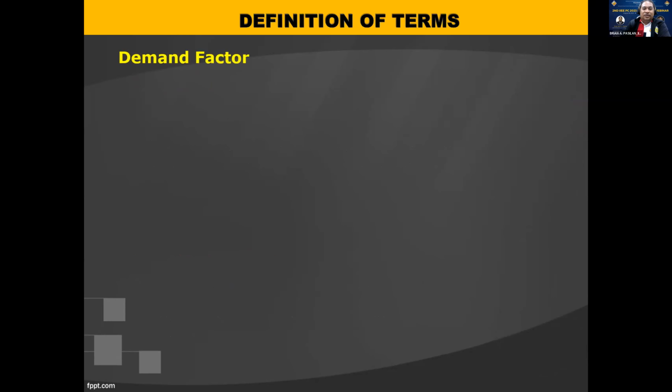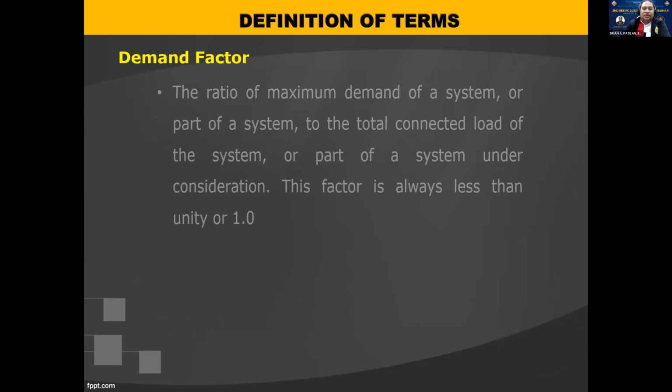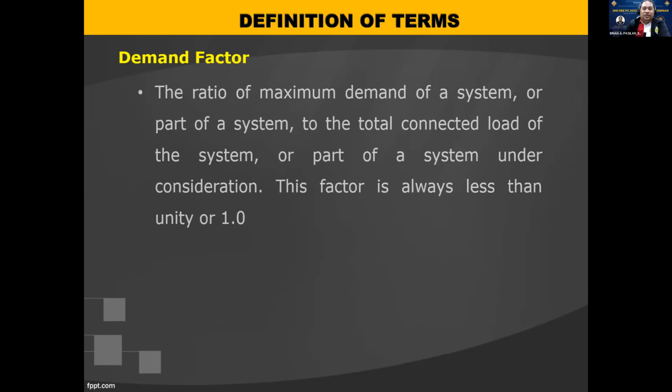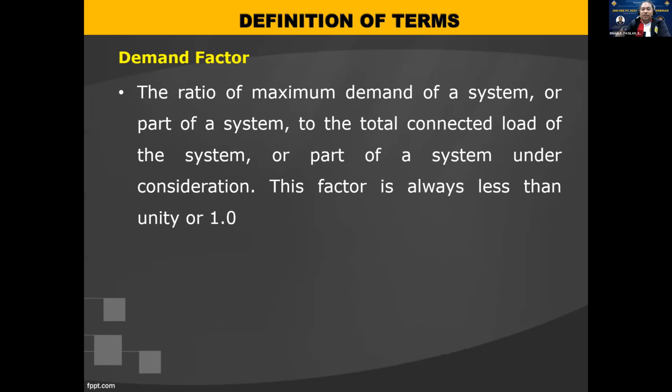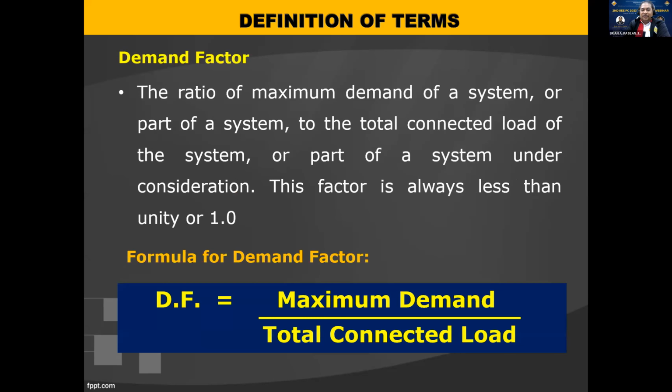Ano si demand factor? So as per definition, ito yung ratio of the maximum demand of the system or a part of a system to the connected load or the total connected load of the system, no? So in equation, ito yon, maximum demand over total connected load, no? So this factor is always less than 1 kasi si total connected load will always be higher than the actual maximum demand.